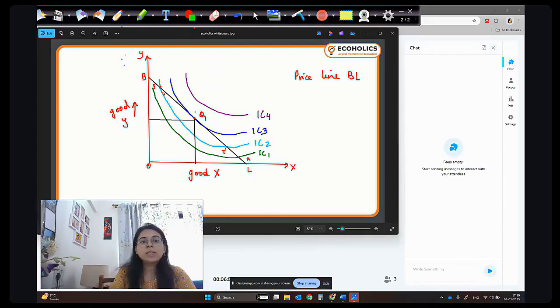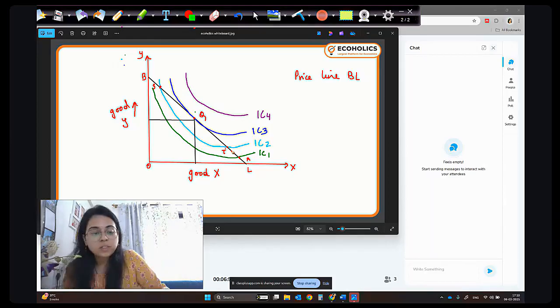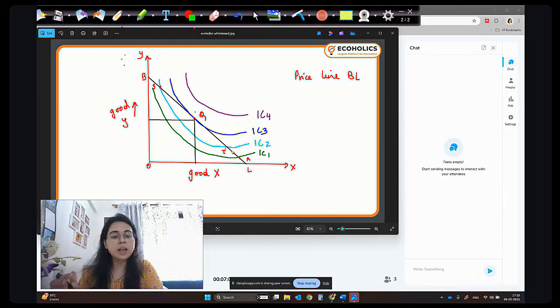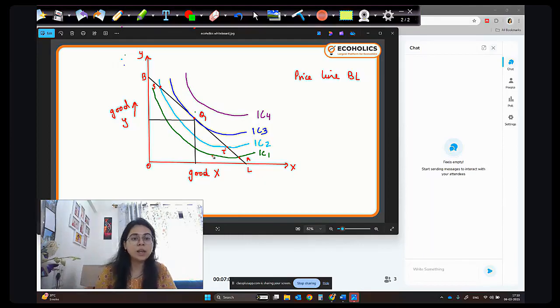The reason being, he cannot be at equilibrium on IC1 because, as we studied in the properties of indifference curves, a higher indifference curve provides a higher level of satisfaction. So of course he'll move on to IC2. On IC2 also he will not be at equilibrium because there is IC3.